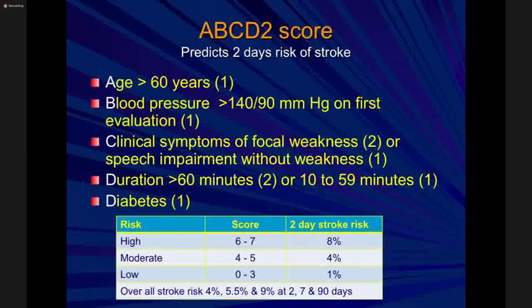It is not possible for a specialist to see all TIAs. So in our setting, if that score is more than 4, then it's perfectly all right for you to admit that patient, because there are many things that you could reverse to bring down the risk of developing the stroke over the next 48 hours.